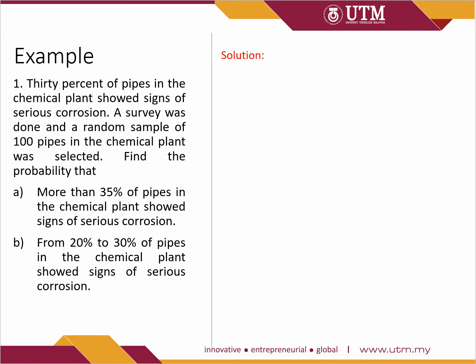Next one. Okay, from 20% to 30% of pipes in the chemical plants show signs of serious corrosion. So we want to find the probability from 0.2 to 0.3, which means that both 0.2 and 0.3 are included.